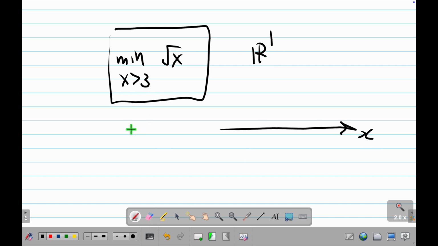What's the feasible set? The set is any x larger than 3, right? And this is 3. The problem is this part is open. So you are saying find the x, as long as it's larger than 3, that makes this small. Then one of you will pick 3.1. Then another person says, why not this? And then you say, why not this?